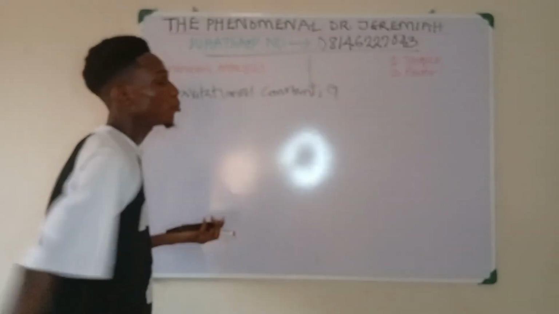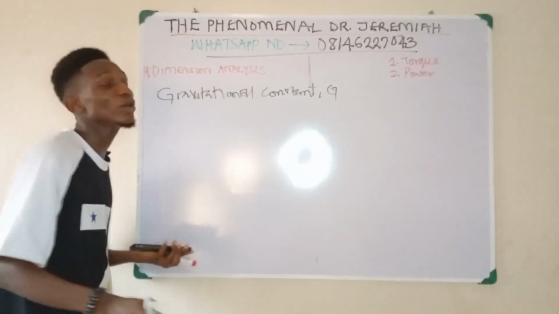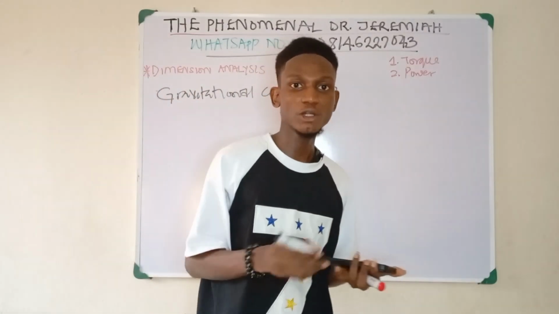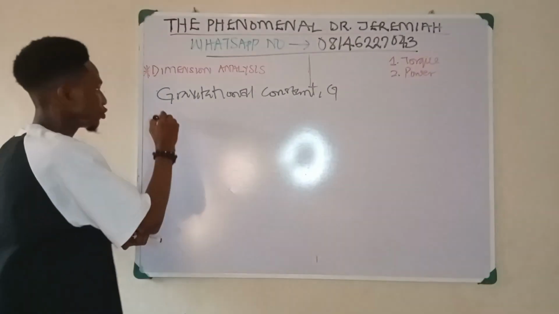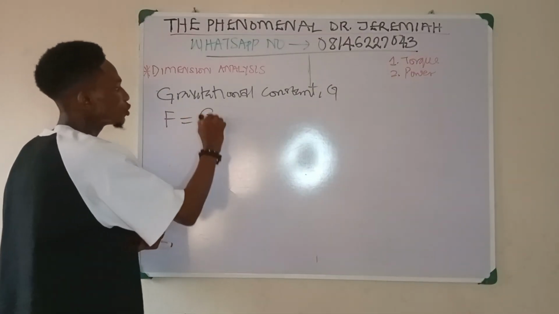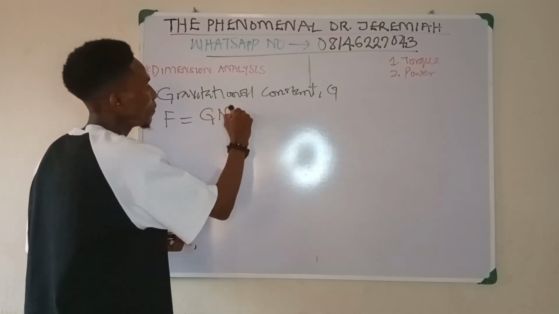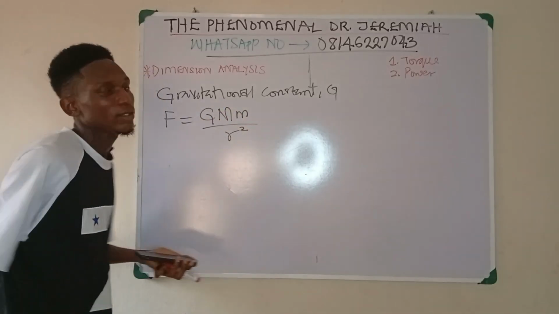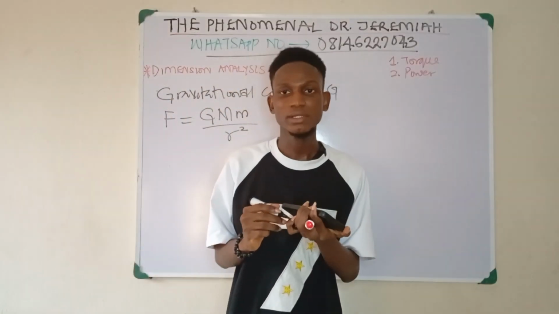But before we get here, what is the formula for force in a gravitational field? The formula for gravitational force is F equals G m1 m2 over r squared.